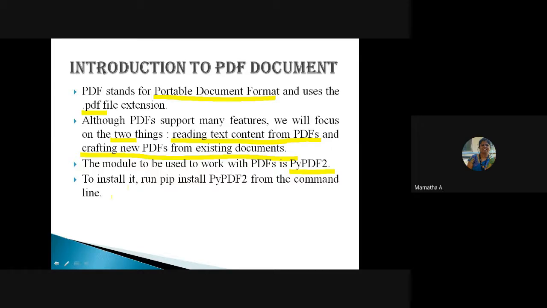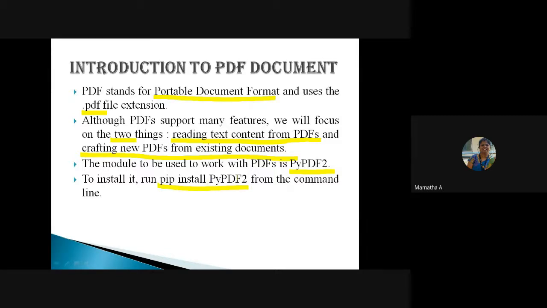In order to install it, you have to run the command pip install pypdf2 from your command line. Then only you can use it in your Jupyter notebook. So for the command line, you have to go to the CMD. I hope you know the command prompt. Under there, you have to install this. Try installing it.